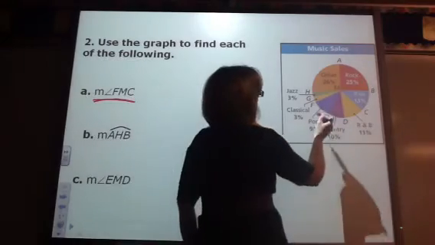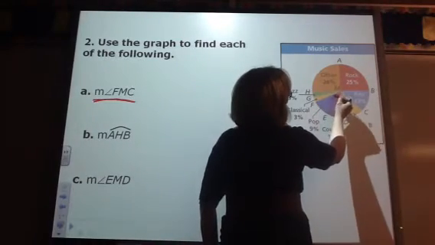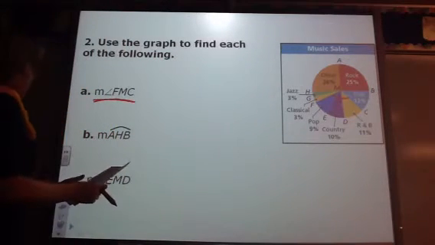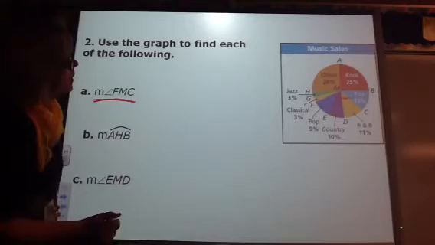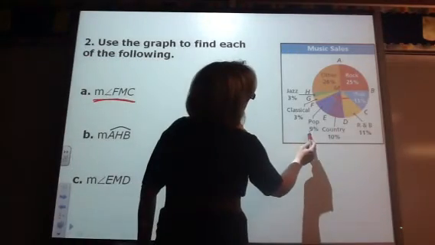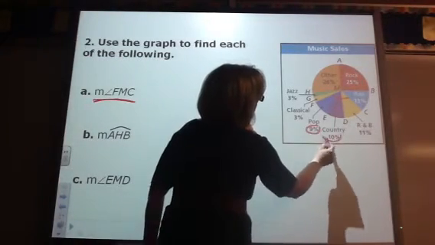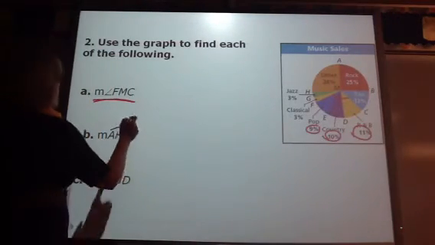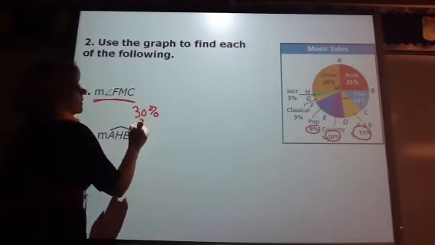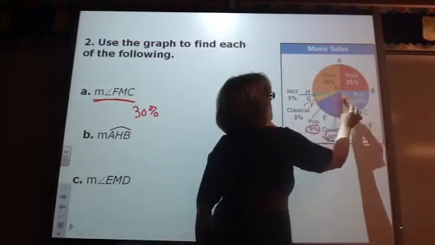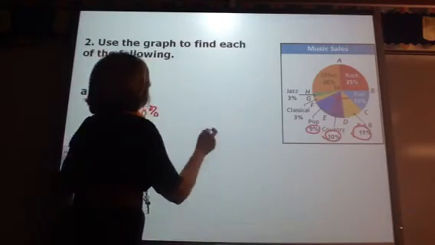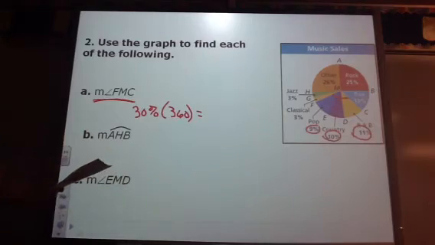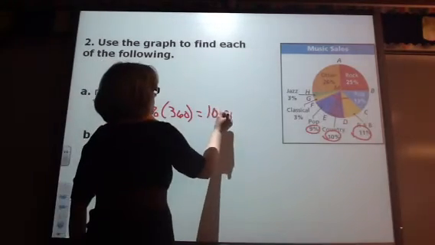I don't even see an M. FMC is this right here. So what we have here is 9, 10, and 11. So we have 30% of, again, with central angles. Remember, if you add up all your central angles, you get 360. So the measurement of that angle is going to be 108 degrees.